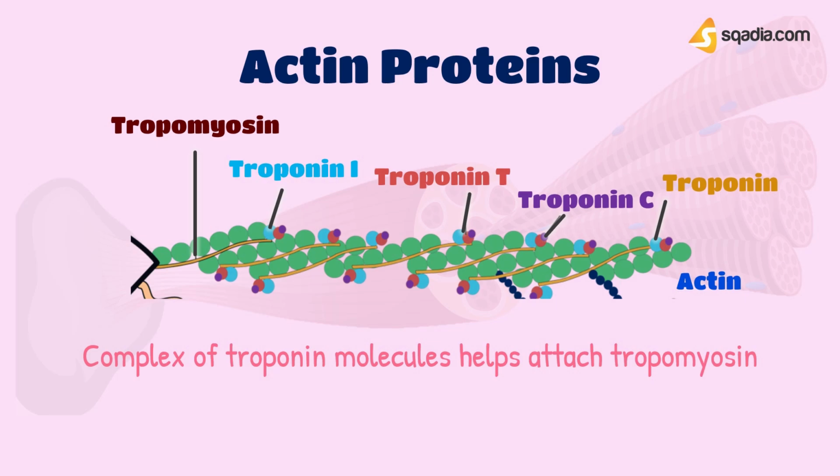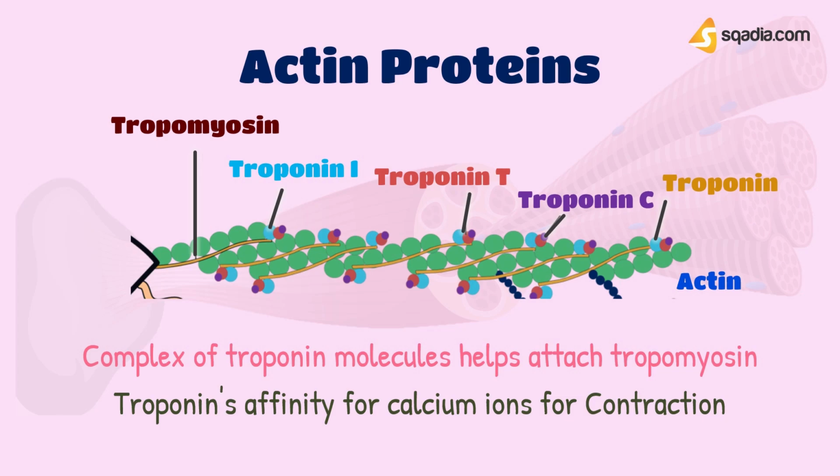The troponin's affinity for calcium ions is believed to start the contraction process in muscles. Now, the blend of these myosin and actin molecules gives rise to the muscle contraction mechanism. Let us learn about the process in detail in the next section.